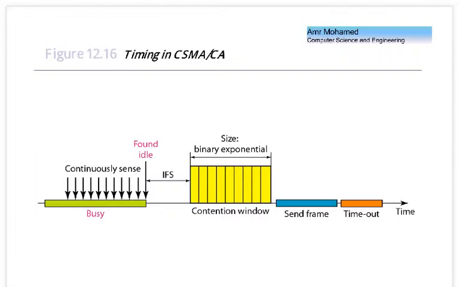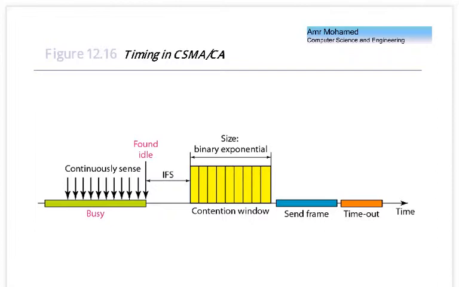So we try to have some buffers, or some ways to prevent the collision from happening, because when it happens we cannot detect it and the cost will be expensive.